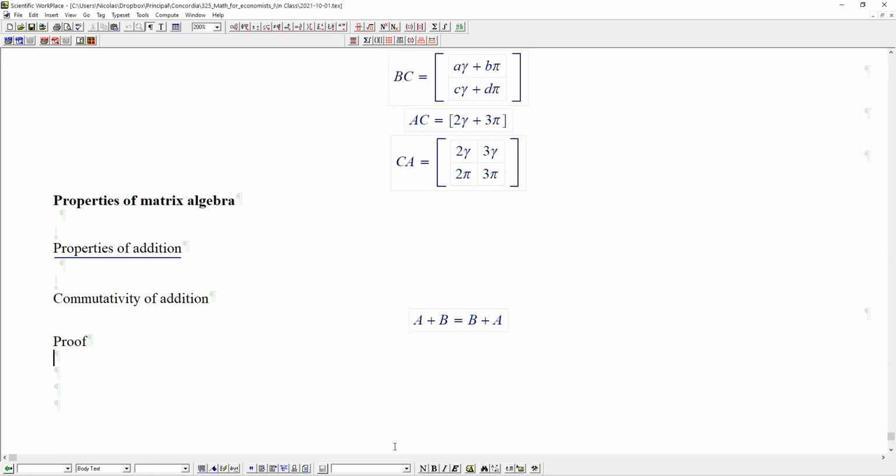Well, we just use the commutativity of scalar addition.